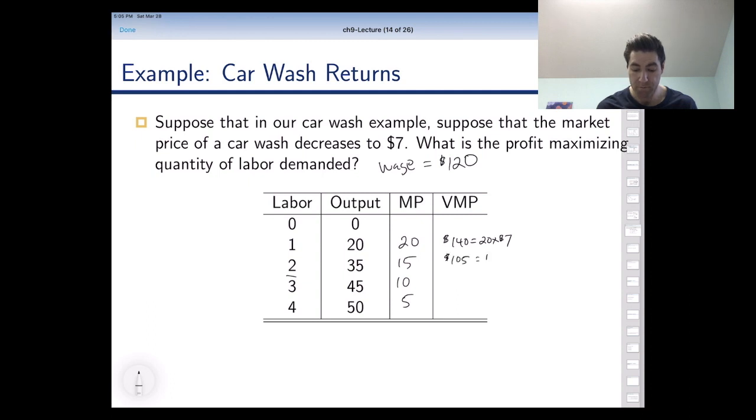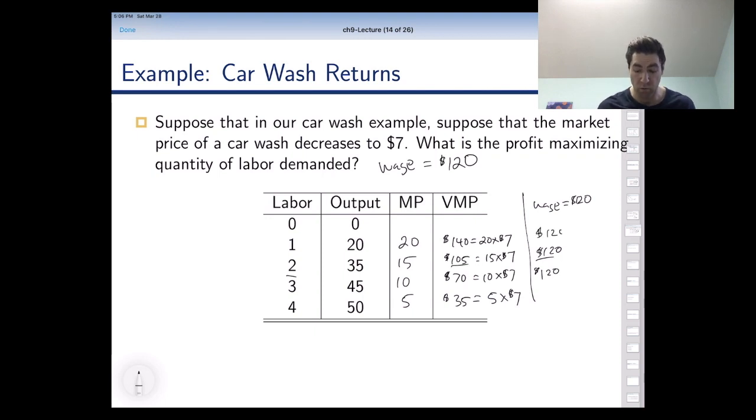105, 15 times 7. $70, 10 times 7. And 35, which is 5 times 7, the value of the marginal product. Now, in this case, if the wage is $120, we see that we don't want to hire that second worker because the value of the marginal product is less than the wage.